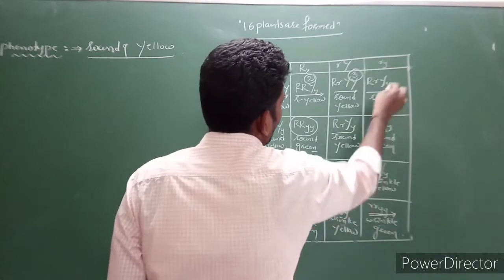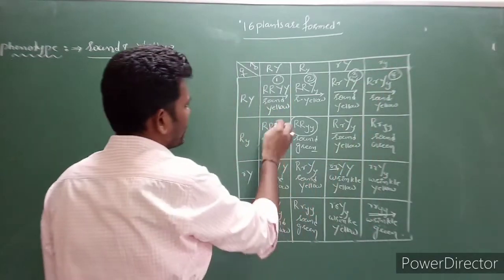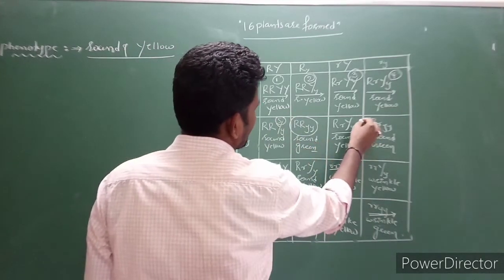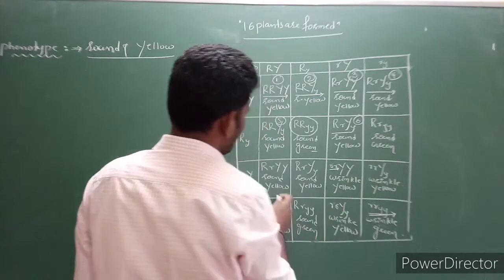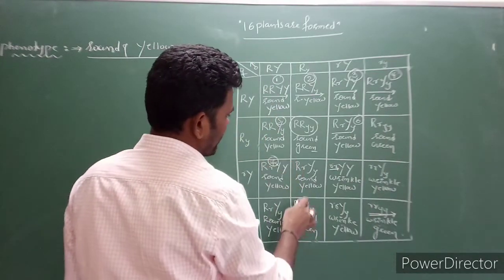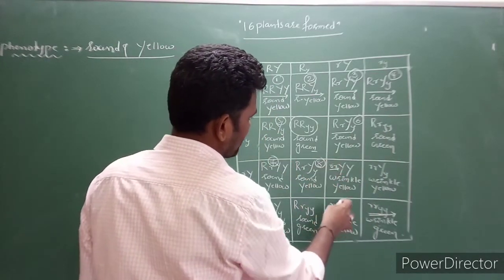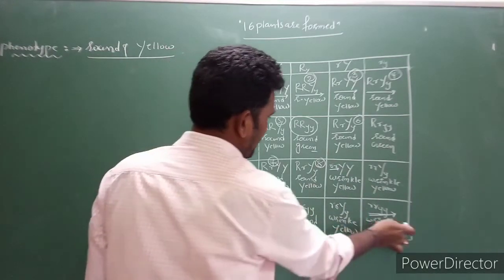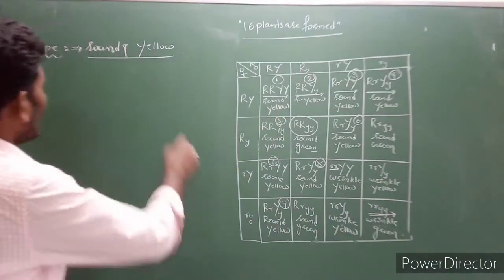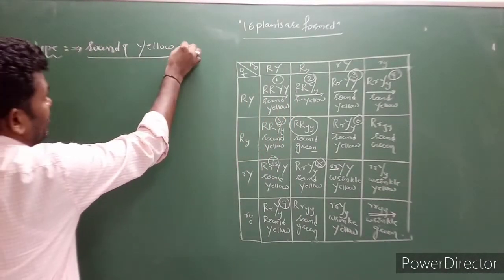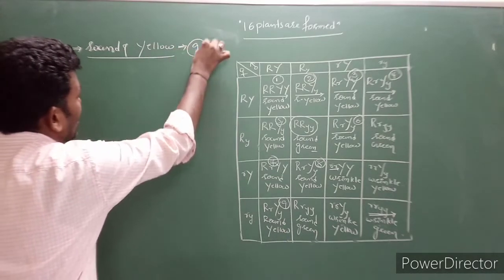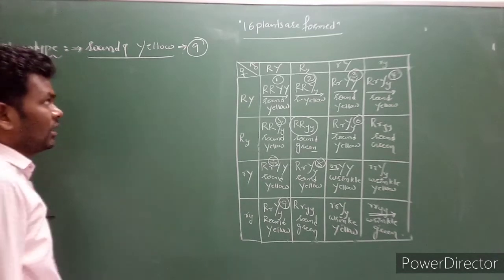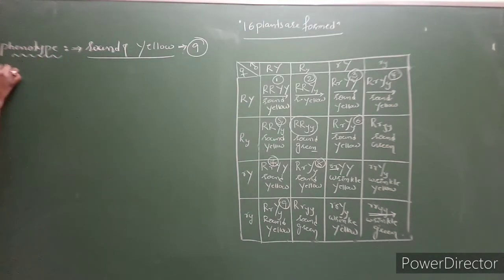Third, round and yellow. 4, 5, 6, 7, 8, 9. So here, how many round and yellow plants? 9 plants are there. Out of 16, 9 plants are round and yellow. Next, we have to write possibility of genotype.